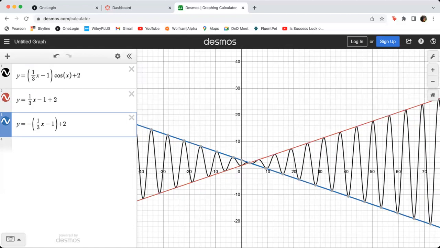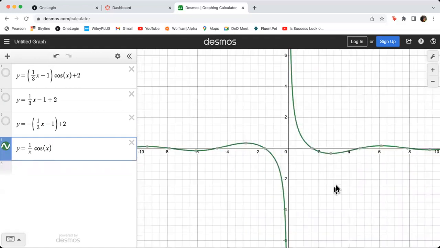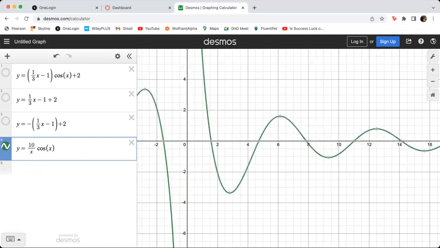Now where we might see something different is if we think of the function y equals, is this going to be too extreme? Yeah, it's a little bit extreme. There we go. Stretch things out a little bit.